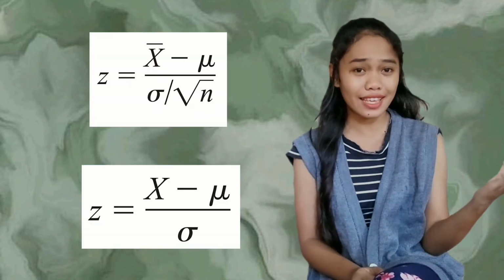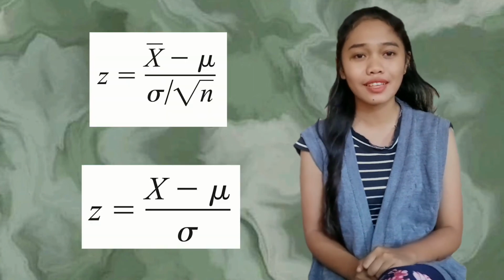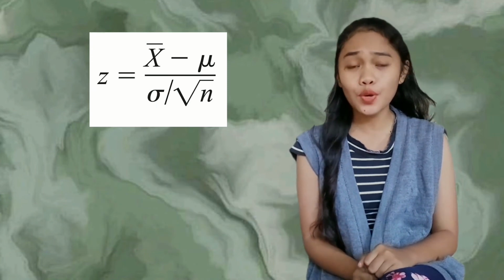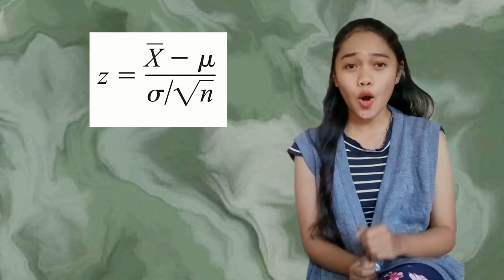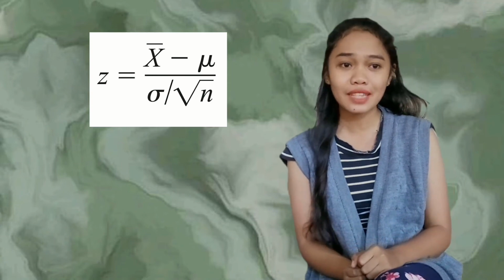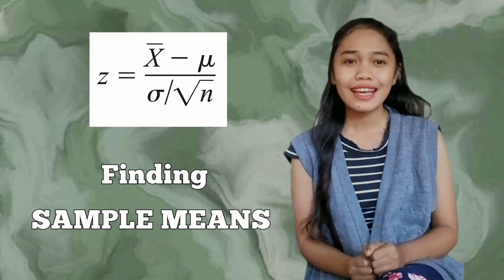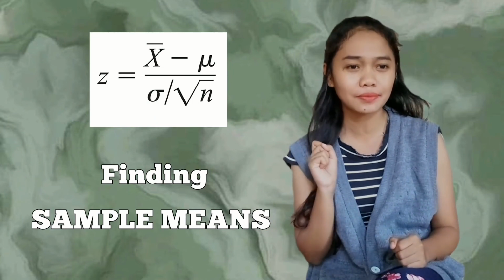Now, do not be confused on deciding what to use between this formula and this formula. Z equals x bar minus mu over sigma over square root of n is used to gain information about a sample mean.